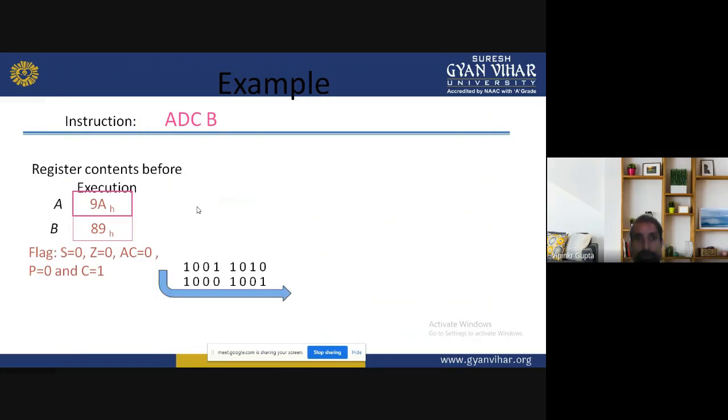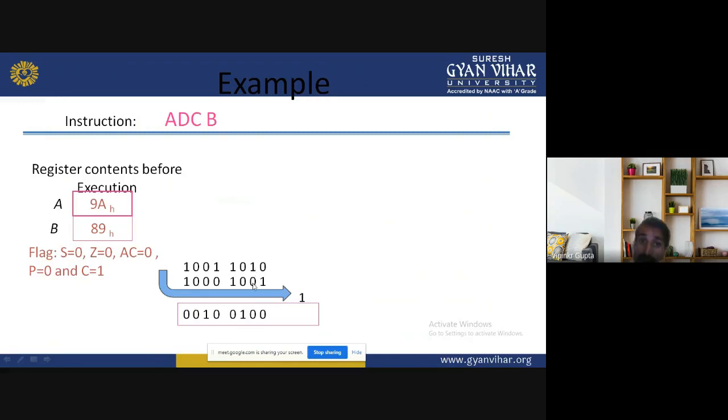So what are we doing? 9, it is the equivalent of 9. A means 10, the equivalent of A. Same with 8, and 9, the equivalent of 8. So how will we add the previous flag having carry 1? This is also added. So 1 plus 1, how much do you get? 0. Carry is 1.